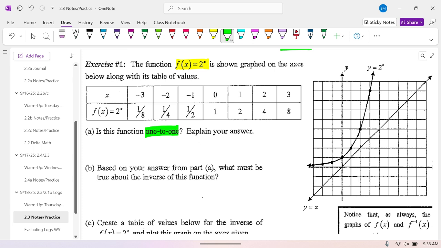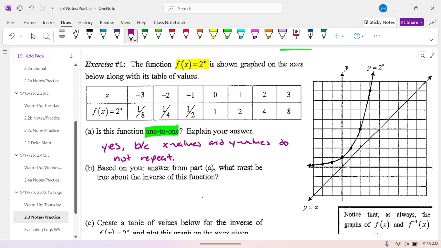It's on your packet, guys. So don't look at it too hard. Yes. Why? Right. So yes, because x values and y values do not repeat. All right. Now, we talked about this when we talked about inverse functions.